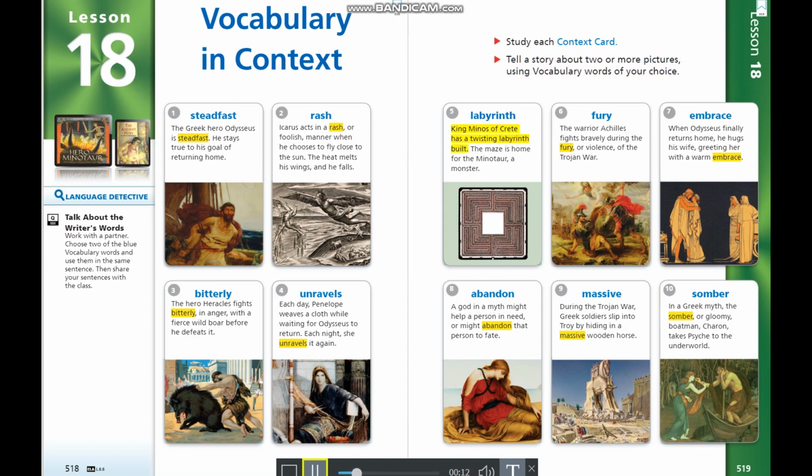5. Labyrinth. King Minos of Crete has a twisting labyrinth built. The maze is home for the Minotaur, a monster. 6. Fury. The warrior Achilles fights bravely during the fury or violence of the Trojan War. 7. Embrace. When Odysseus finally returns home, he hugs his wife, greeting her with a warm embrace. 8.